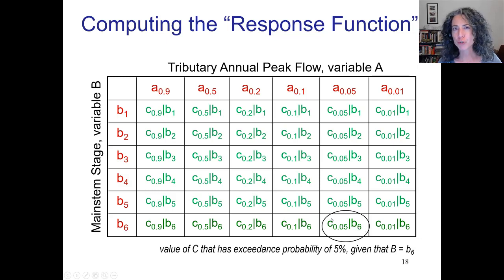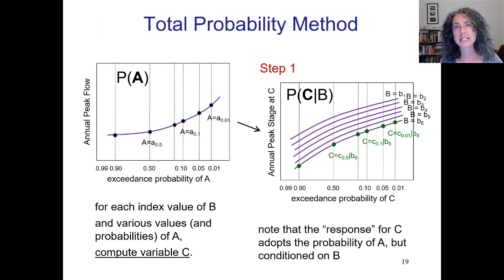Now, once I've created this response surface, each row of this table is a conditional exceedance probability for C, conditioned on this particular value for B. This is actually step 1 of our conditional frequency analysis.